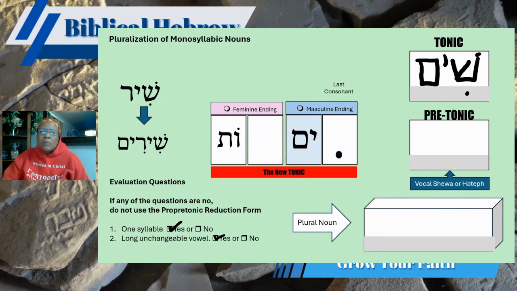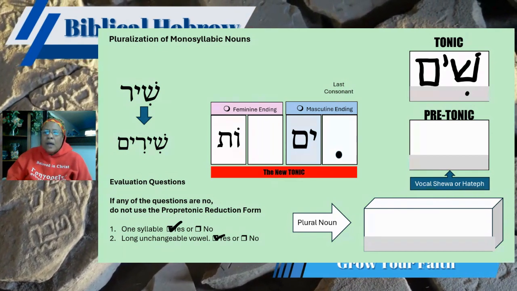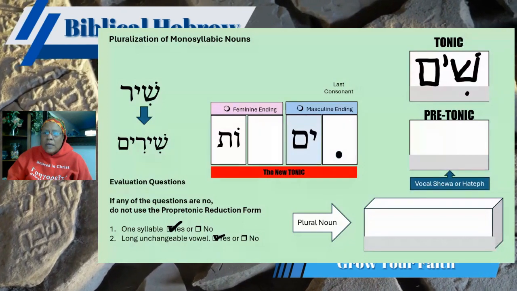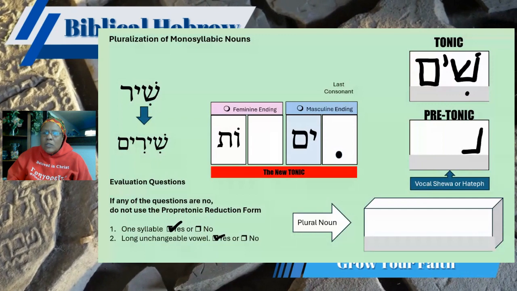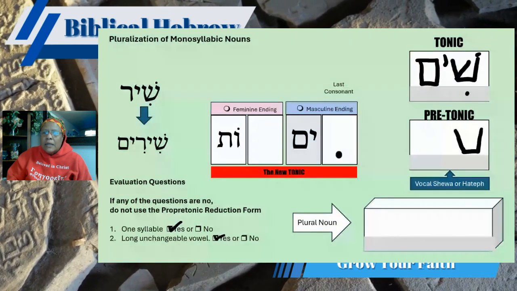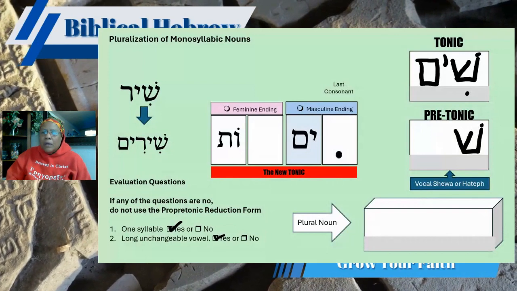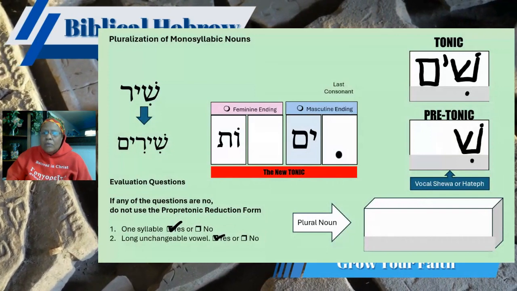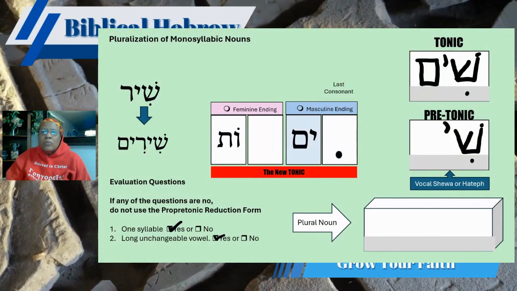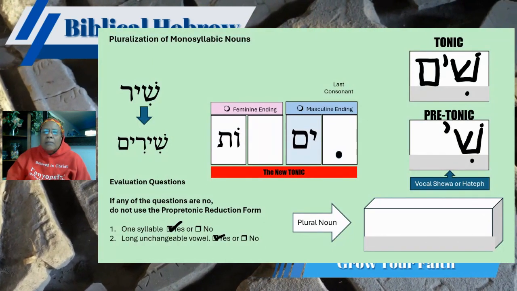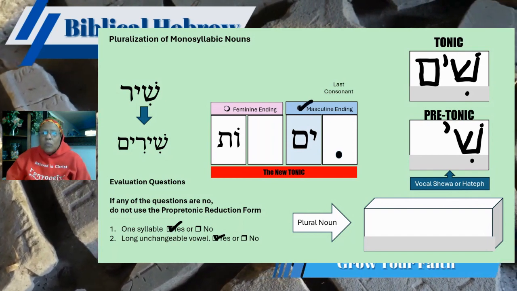If it falls in the middle or the beginning of the word, then we use the regular mem. So here, once again, I am going to write out what's going to become the pretonic syllable, along with its long vowel. But I am going to put the mem in the masculine ending because it is a masculine word.